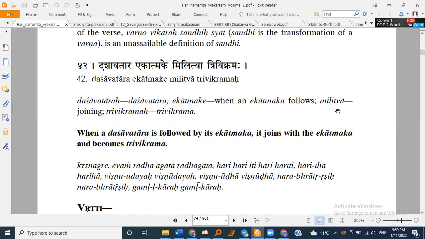Trivikrama is like Guru. Sorry, yeah, Paras Trivikrama. So when a Dashavatara is followed by its Ekatmaka, it joins with the Ekatmaka and becomes Trivikrama.